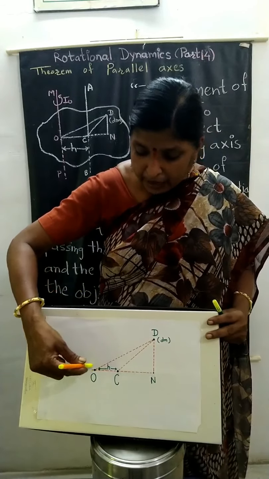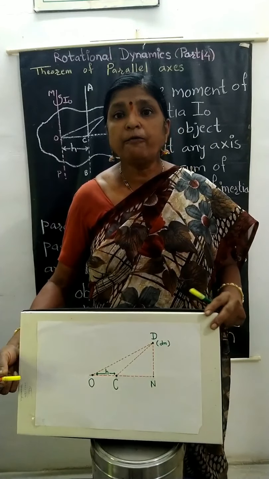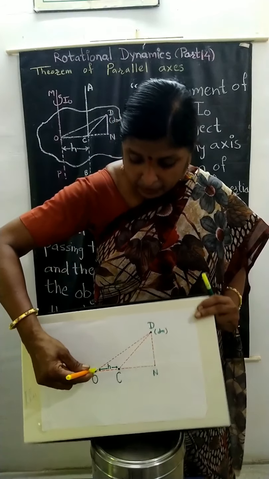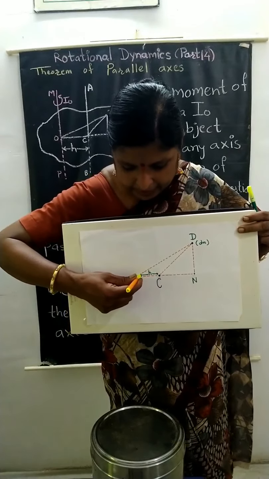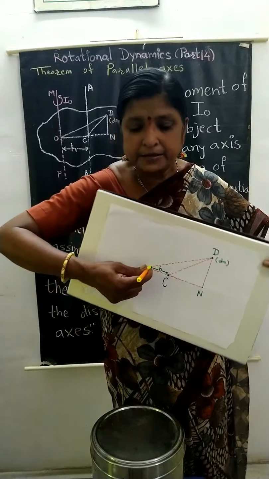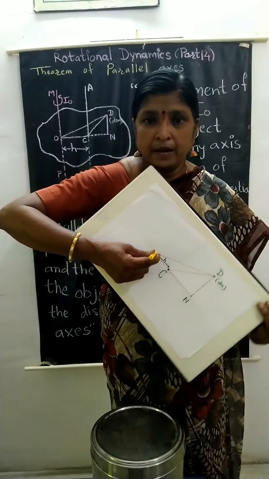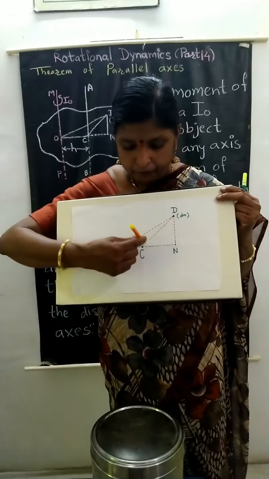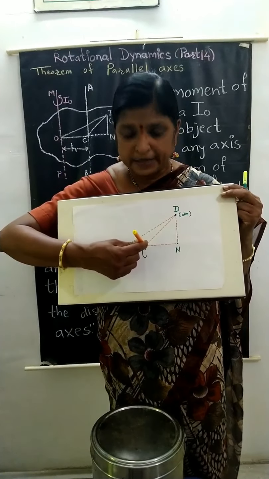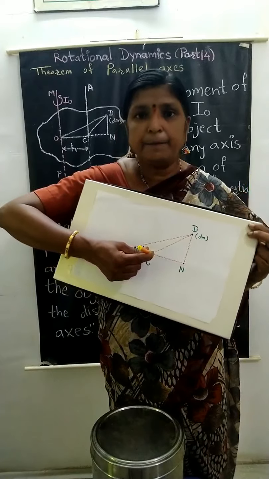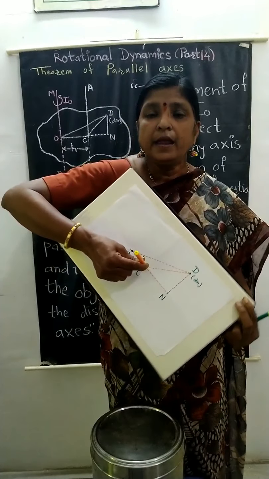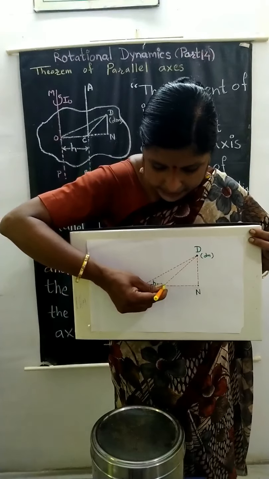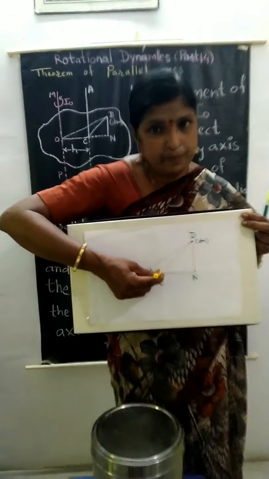Now, when we have to find the moment of inertia about a given axis, we consider that the given body is rotating about that axis. If we have to find it about point C, then the complete body is rotating about the axis passing through that point.